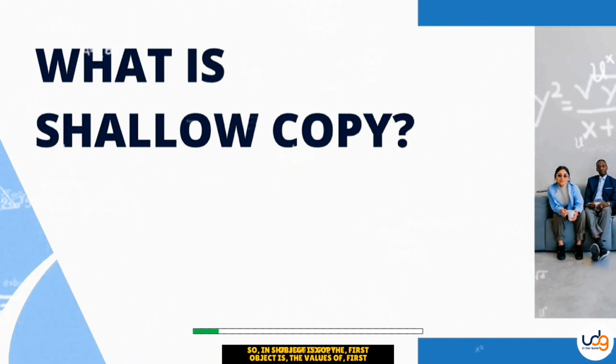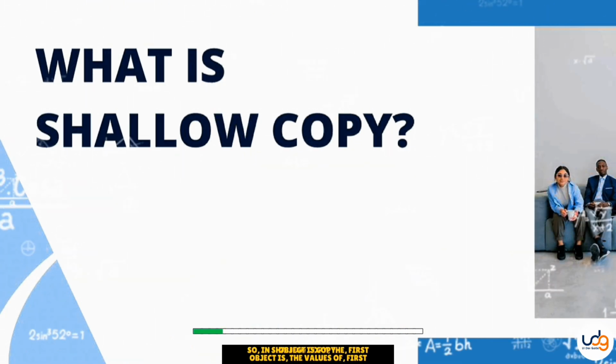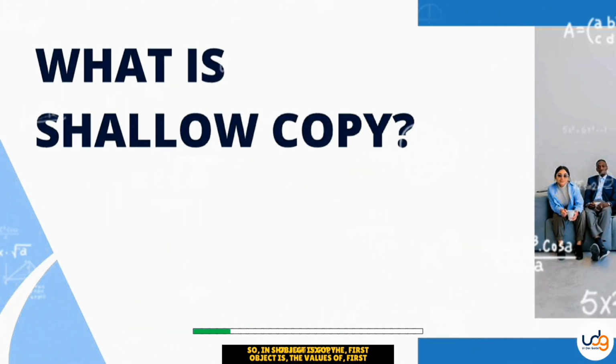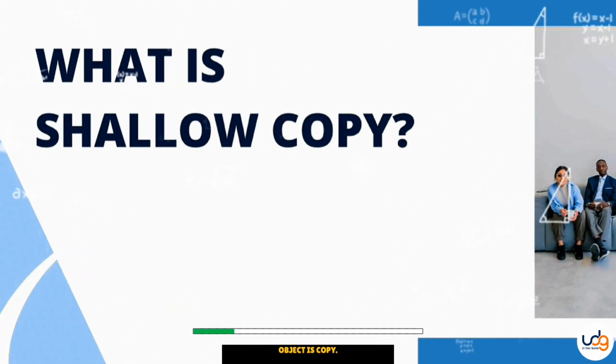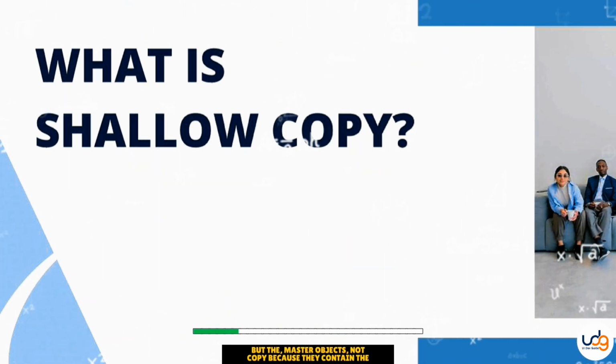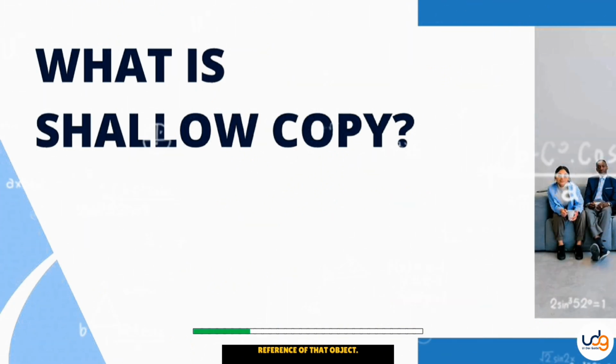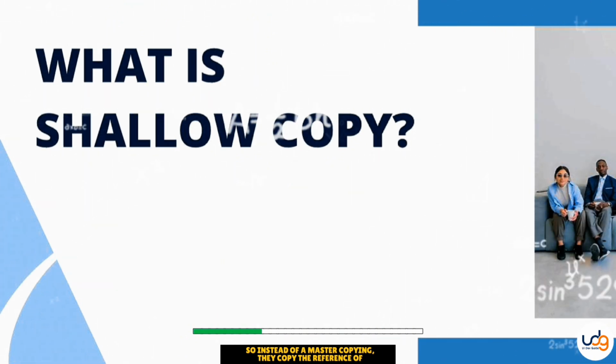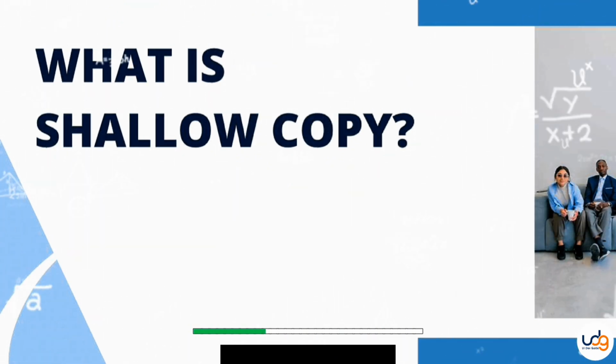In a shallow copy, the values of the first object are copied, but the nested objects are not copied, because they contain the reference of that object. So instead of copying the nested object, they copy the reference. So it's just a level one copy.